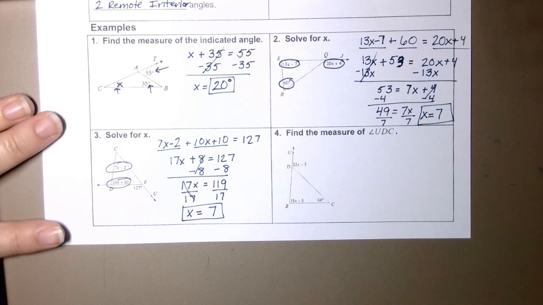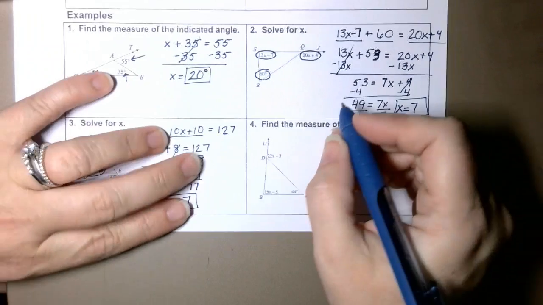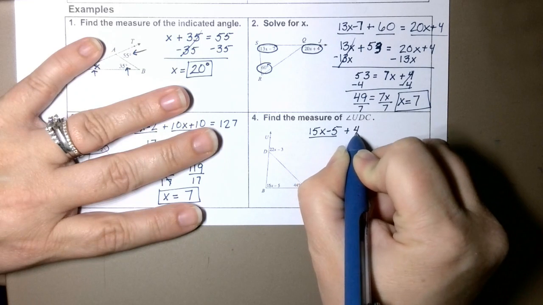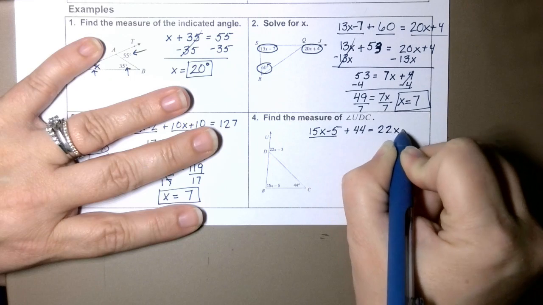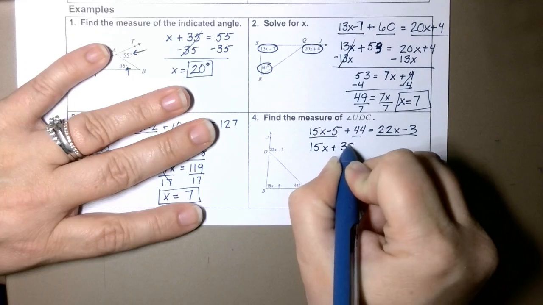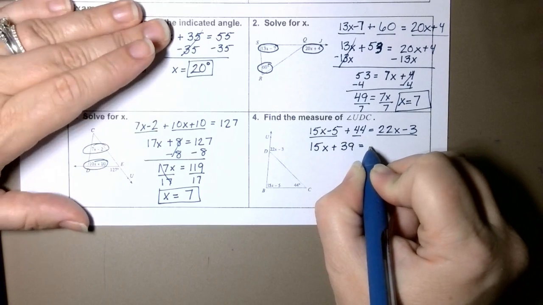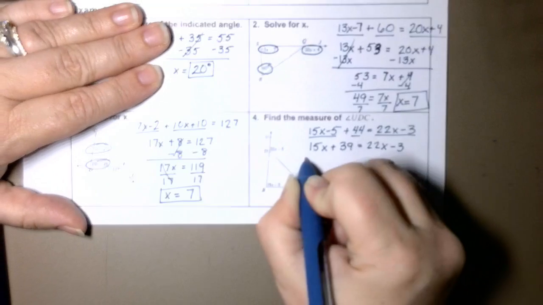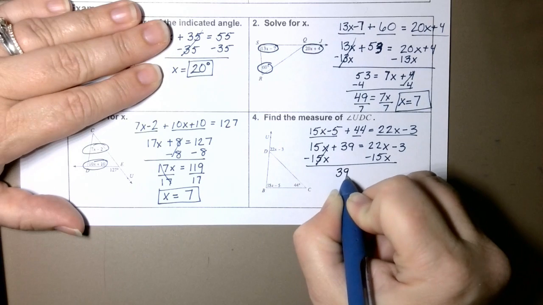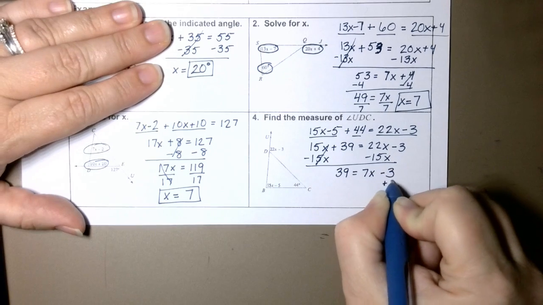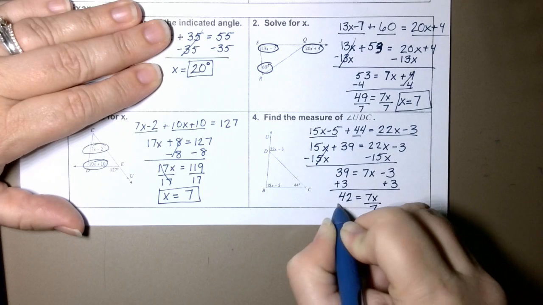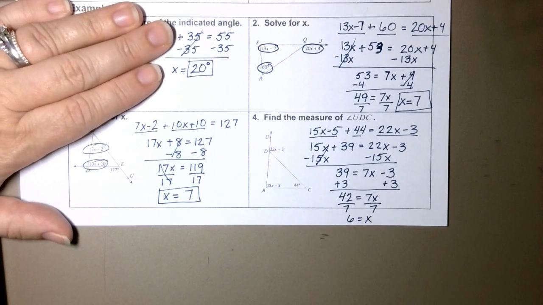Find the measure of angle UDC. All right, I got x equals 6.